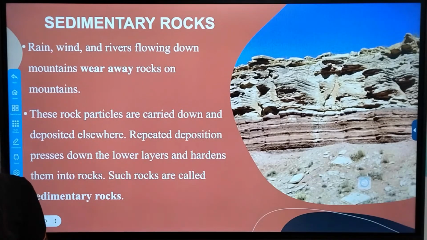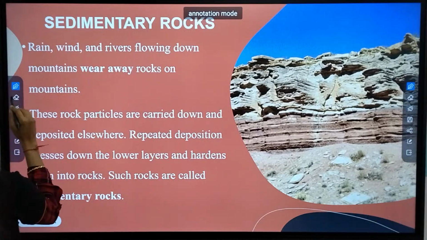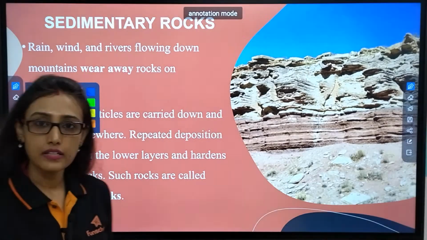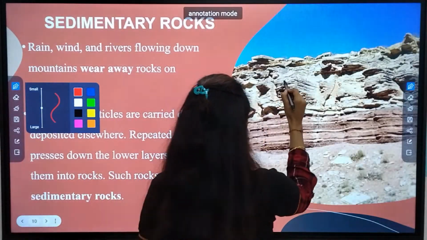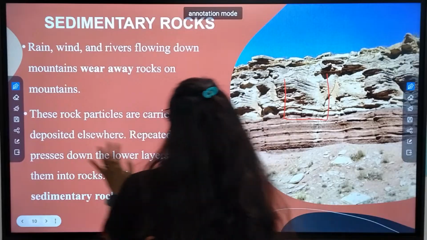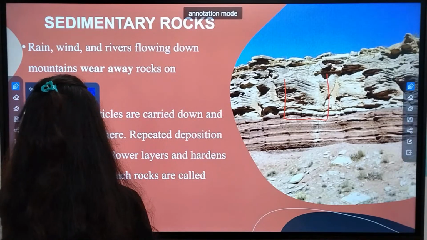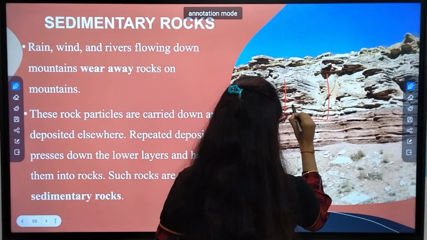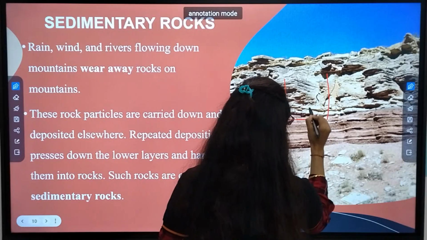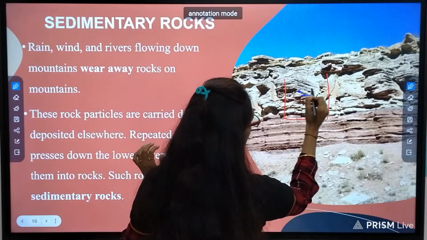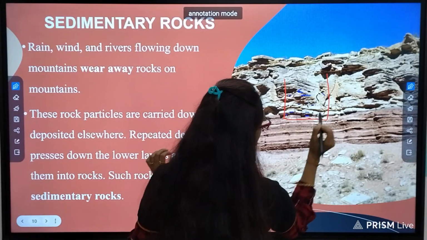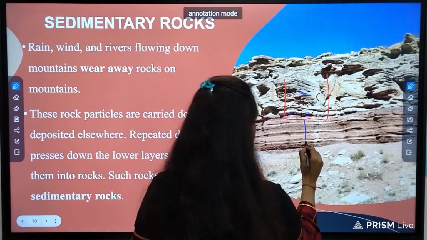Next comes sedimentary rock. In your matter chapter, you have already learned sedimentation. Still, I am revising it. Suppose this is a beaker, and it is filled with sand and water. After some time, what will happen?